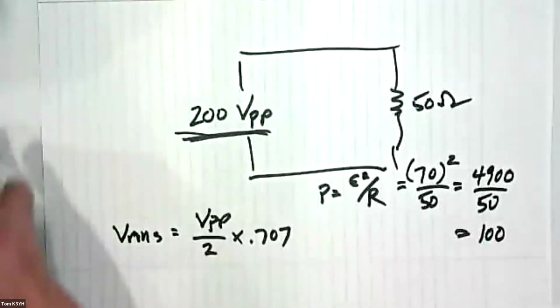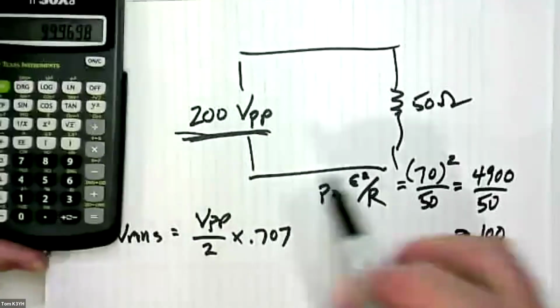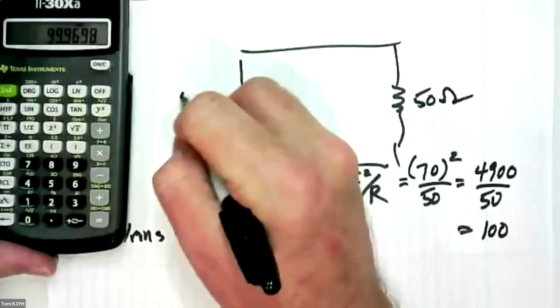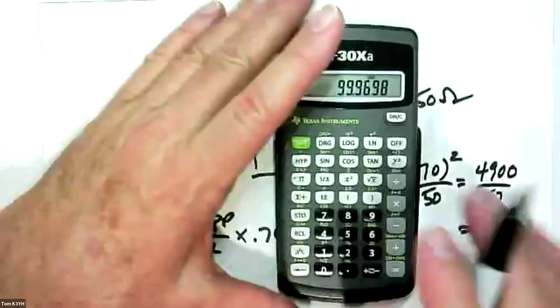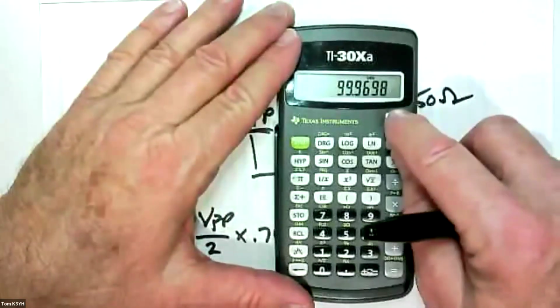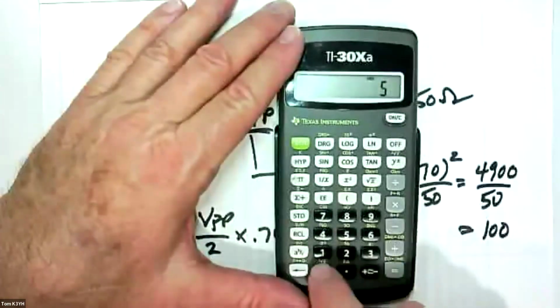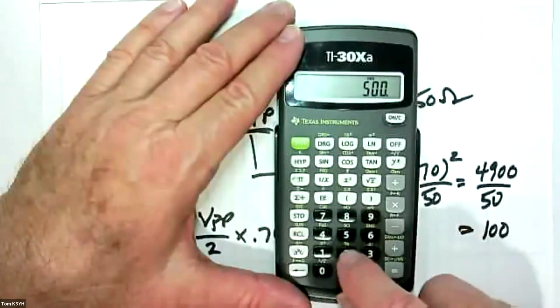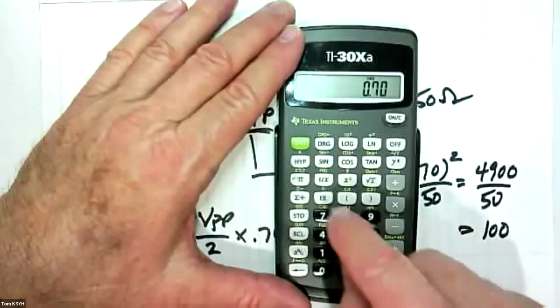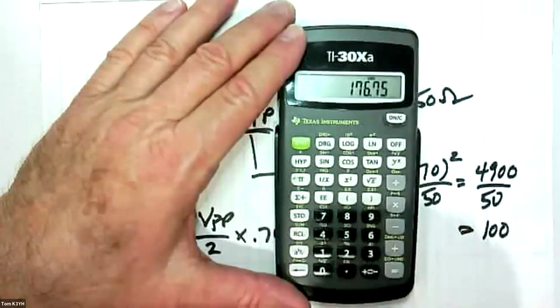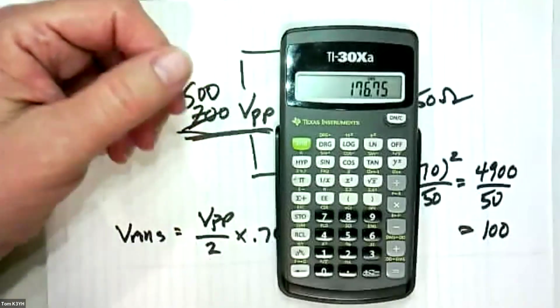Now this is 500. I'm just going to smash it out on the calculator. Clear. So I've got 500 divided by 2 times 0.707. So that's the RMS voltage.